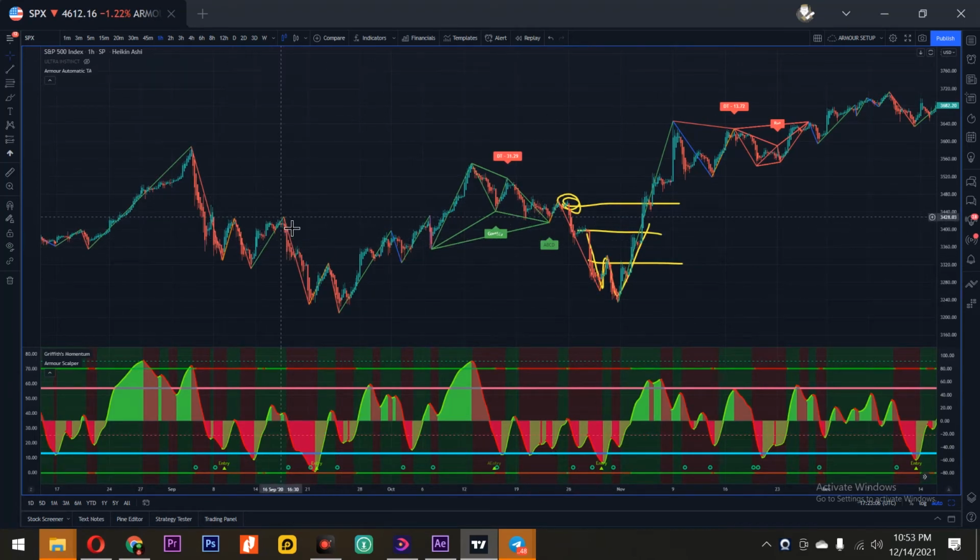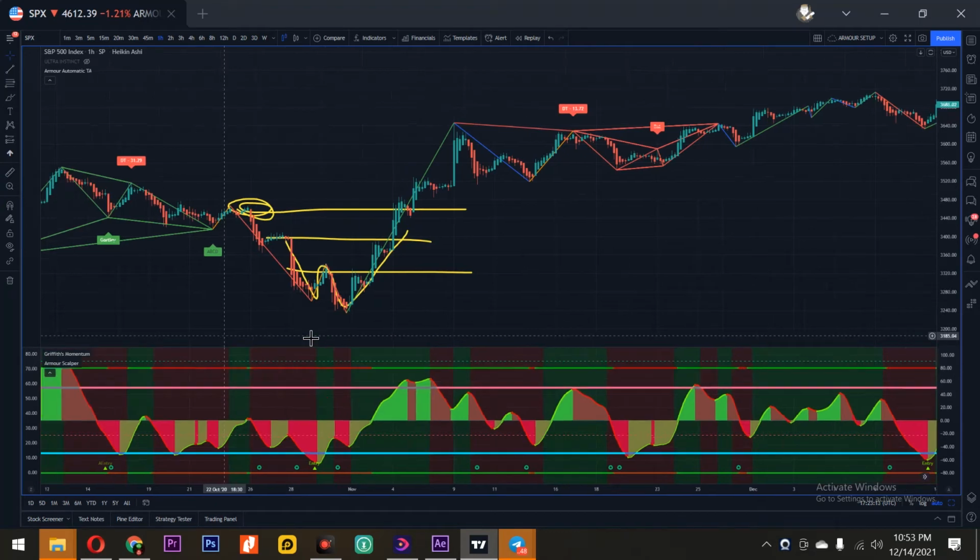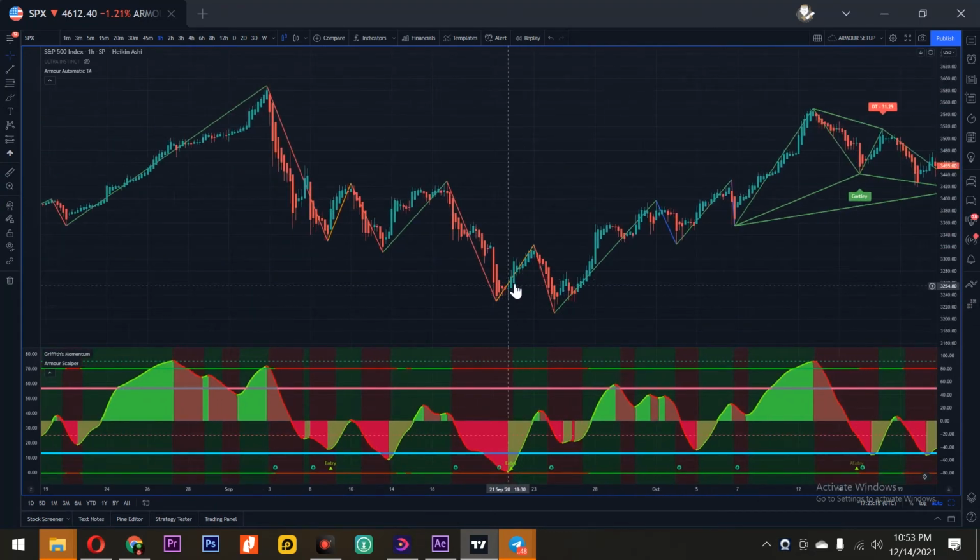After this dump, traders think this is an orange bear trap. The Armor indicator is showing an orange bear trap. We can see it because we are using Armor, but other people cannot see all this orange line. And we can see this entry signal as well.